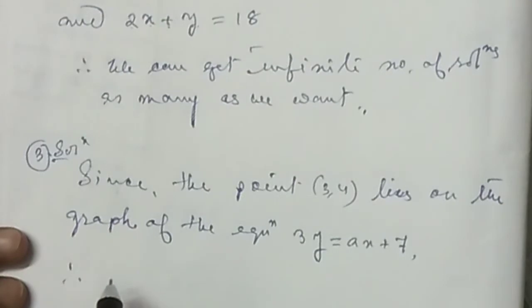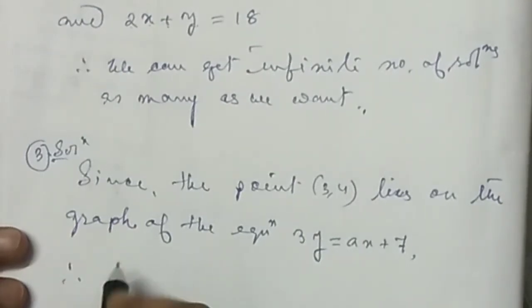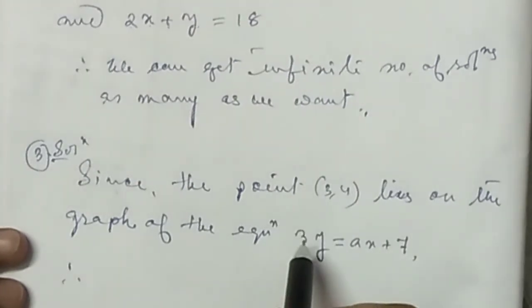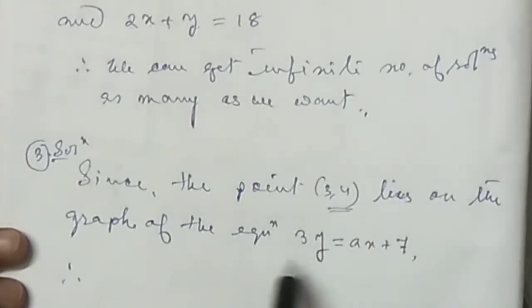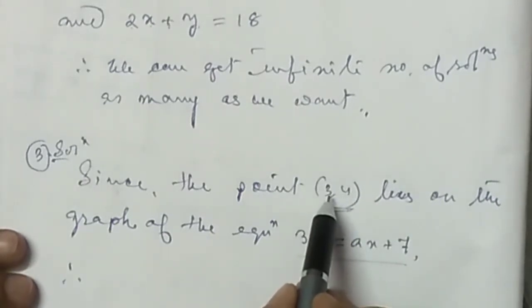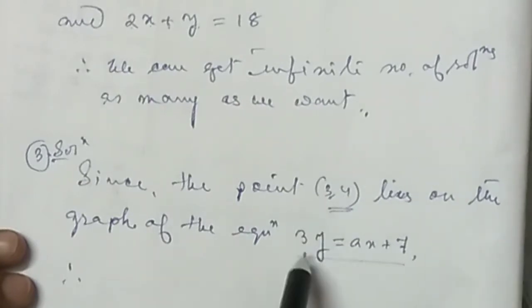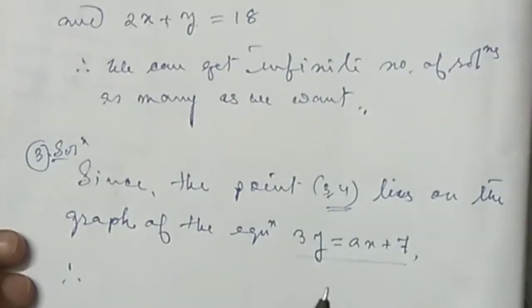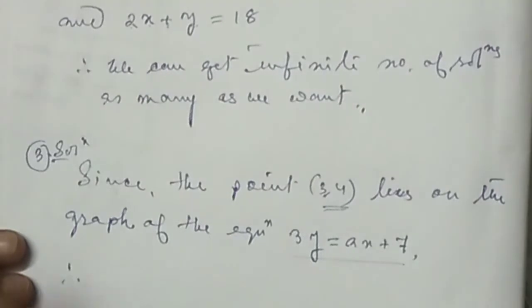Therefore, what happens? This point will satisfy this equation. Means if you place the values of x and y in this equation, then both the sides will be equal.